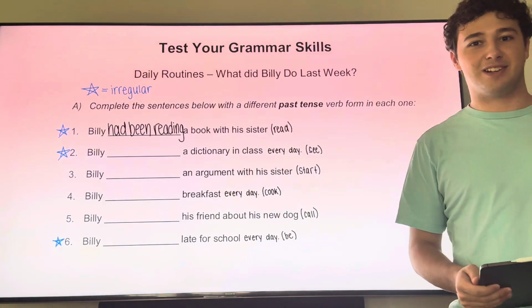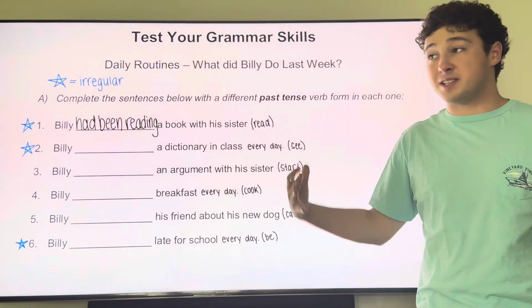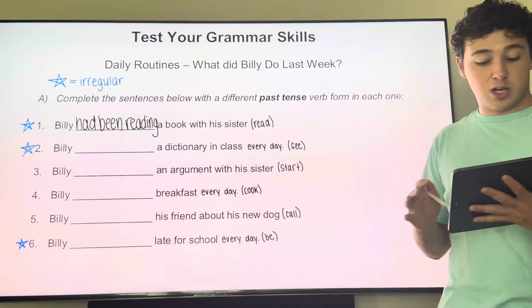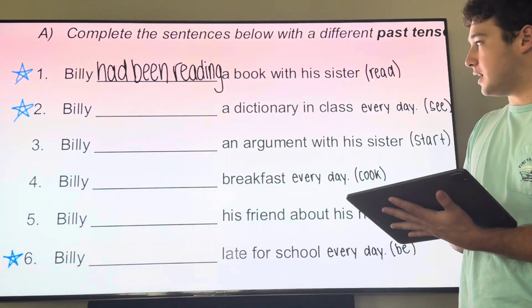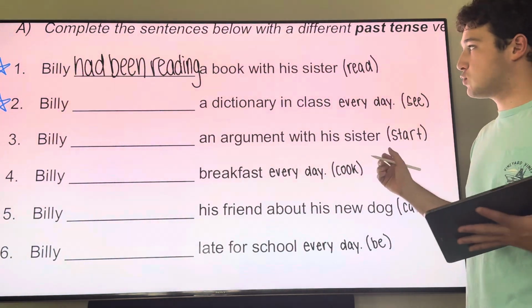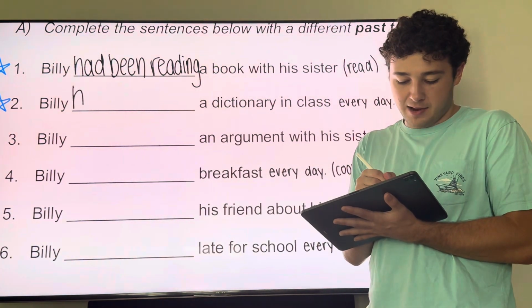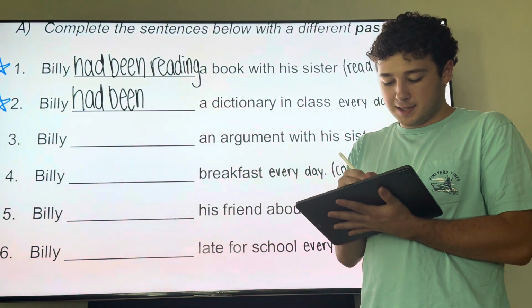We'll continue this after. Okay, now that you've completed these past perfect continuous verbs, let's go through and look at them together. Number 2, Billy blank a dictionary in class every day. This would be Billy had been seeing.